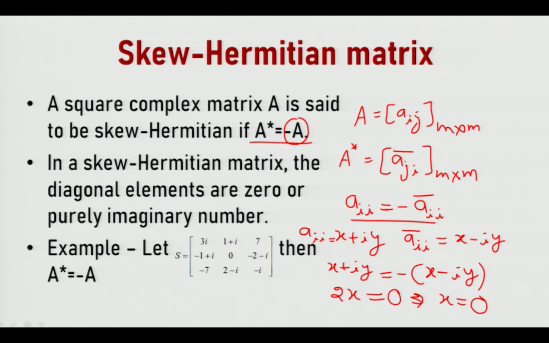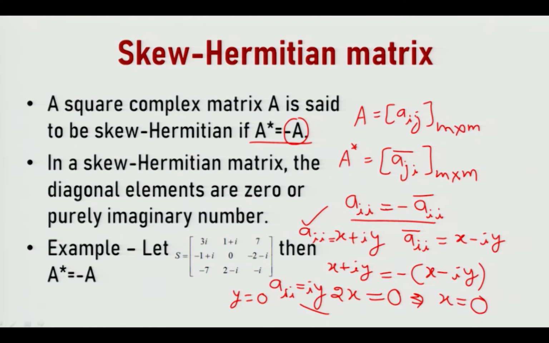So see here, the diagonal elements aii will be equal to iota y only. There is no real part. Then either the imaginary part y is equal to 0, this is the possibility, or y is not 0, then diagonal elements will be pure imaginary due to the presence of iota. Iota is an imaginary number. So in this way, this point has been proved: in a skew Hermitian matrix, the diagonal elements are 0 or purely imaginary number.